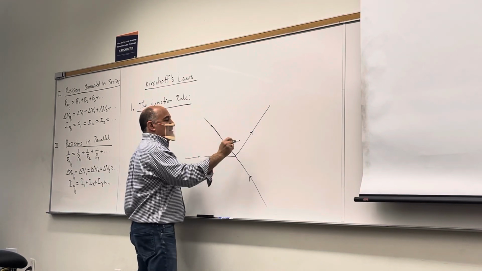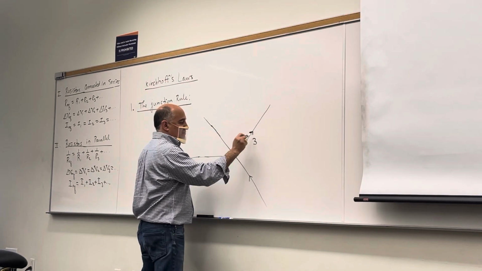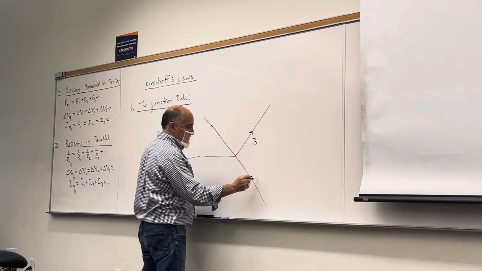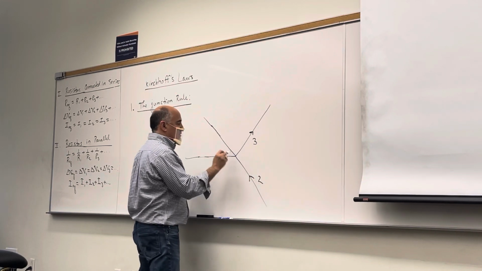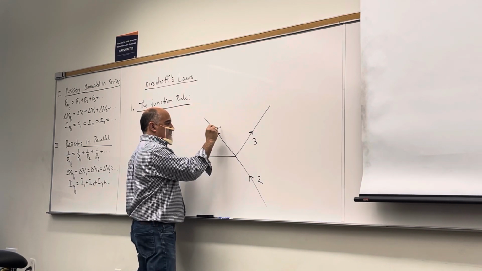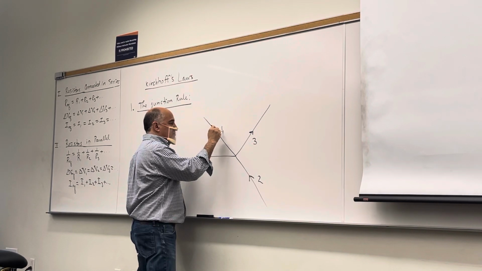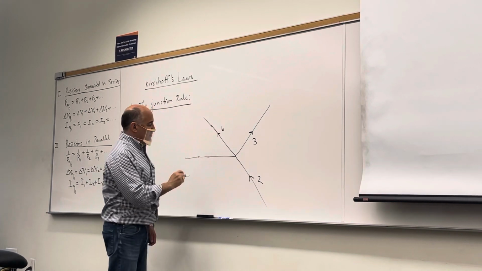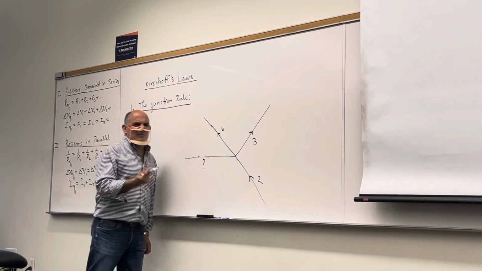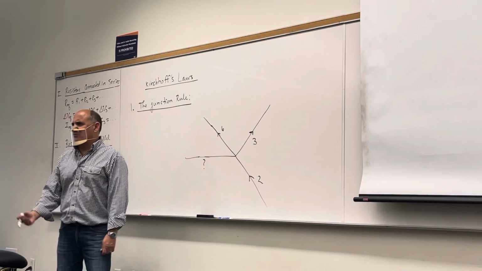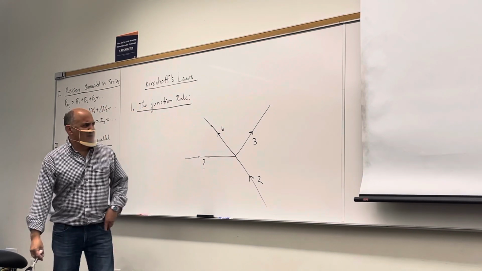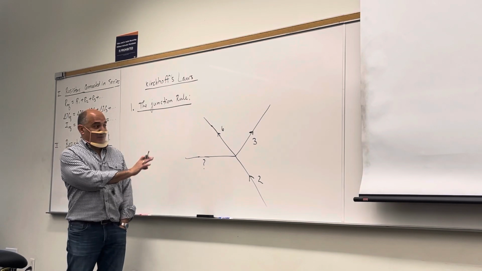So let's make this one 3 that way. How about I make this one 2? And then I have this one 6. So what must I have over here? They don't even have to be cars. They could be charges. They could be electrons. They could be people, but no one can stay at the junction.